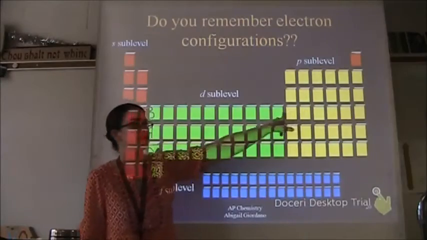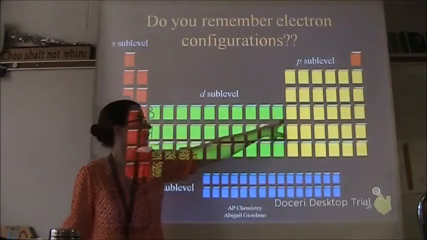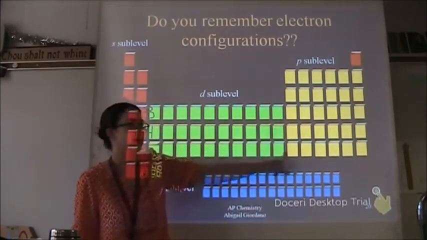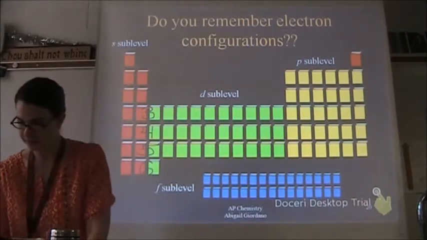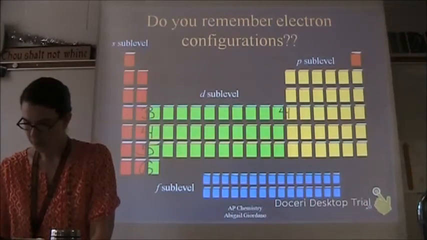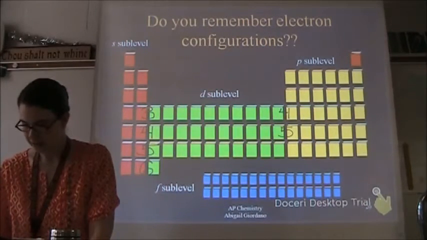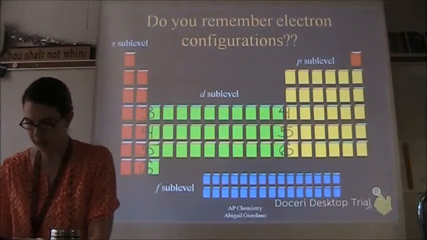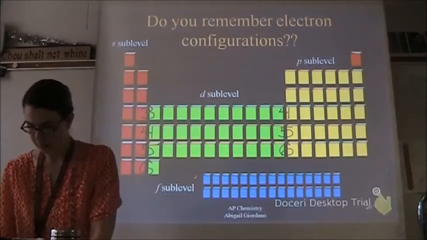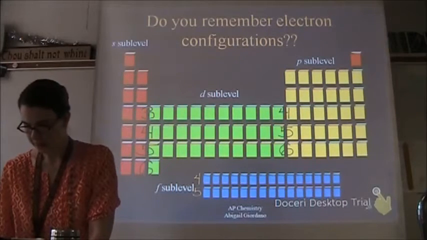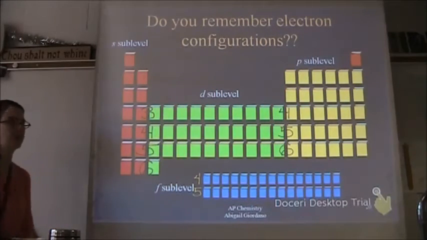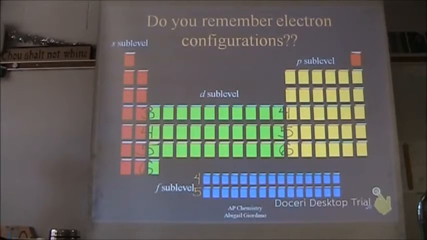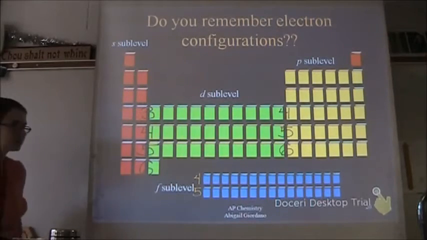Over here, at this junction, I'm going to write a set of numbers as well. 4, 5, 6, and then down here at the bottom, 4, 5. Okay. Again, if you don't remember why I'm doing that, you will hopefully in just a moment.